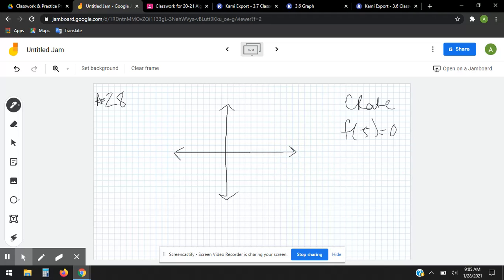It doesn't say it has to be an increasing rate. It doesn't say it has to be a decreasing rate. 1, 2, 3, 4, 5. So all I really have to do is f of 5 is 0, and I have to make a line. So I'm going to make this one decreasing this time. And there we go.